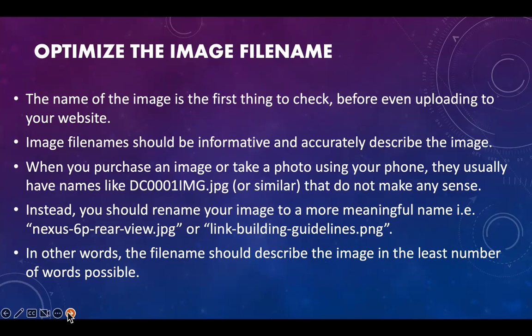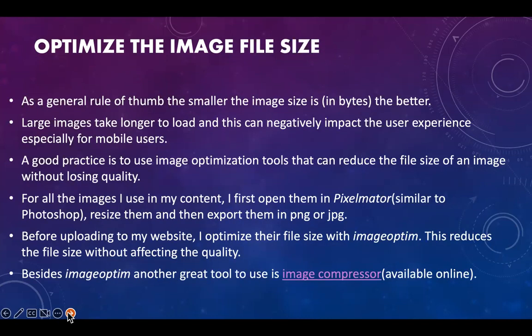That doesn't make any sense. Instead, you should rename your image to a more meaningful name, something that is useful. So in other words, the file name should describe the image in the least number of words possible.